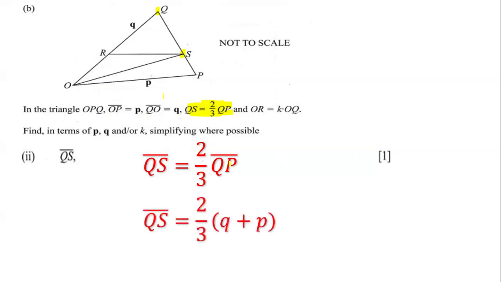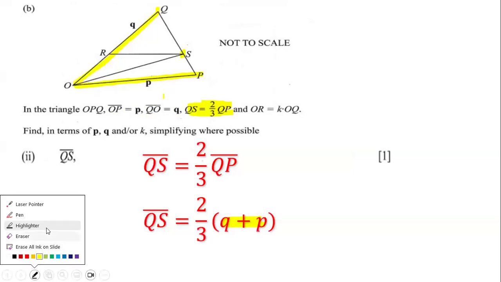We just figured that out in the previous question. QP is Q to O, which is Q, and O to P, which is P. So QP is equal to Q plus P. That means that QS is equal to 2 over 3 multiplied by Q plus P.